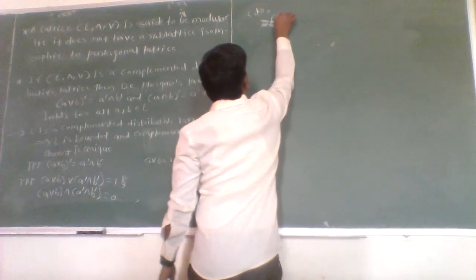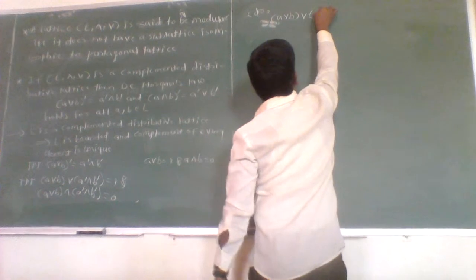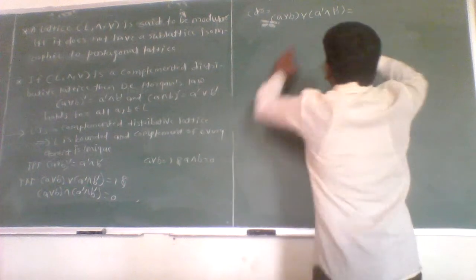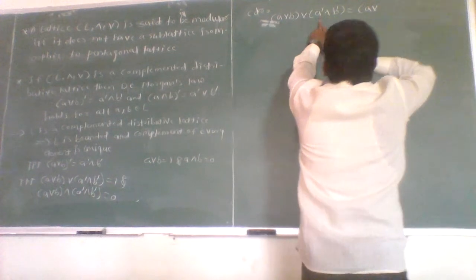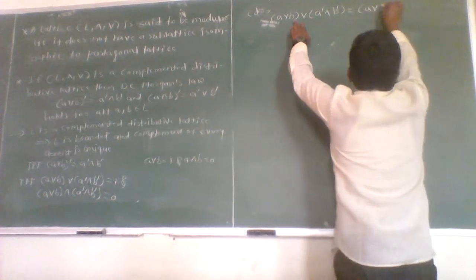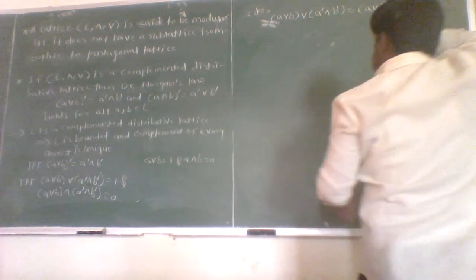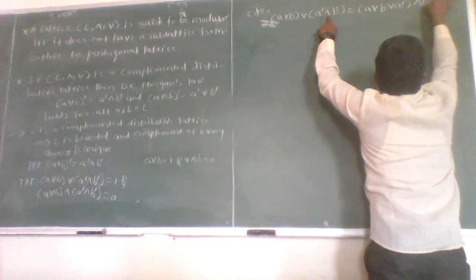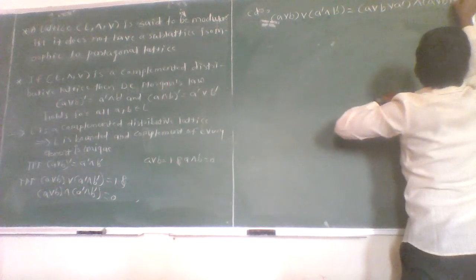Okay, now consider (A join B) join A dash meet B dash, that is A complement meet B complement. Now A join B join A dash is (A join A dash) meet (A join B join B dash).